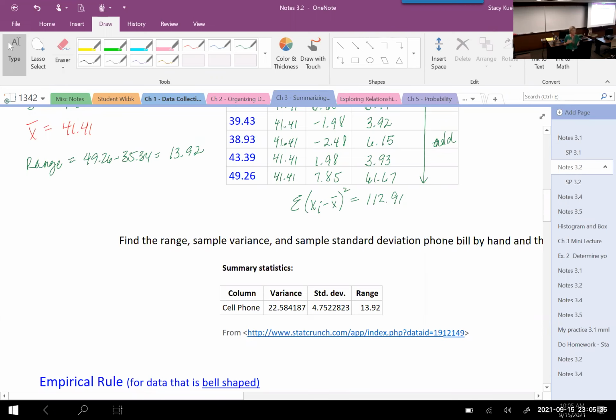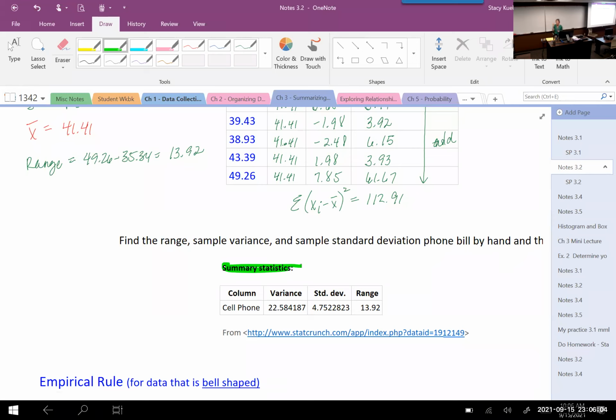Now remember, these values are statistics. They are describing either the sample or the population, and therefore we find these values by going to the summary statistics tab in StatCrunch. I'll point it out to you in a minute, but remember where we found the mean, the median, and the mode in StatCrunch?